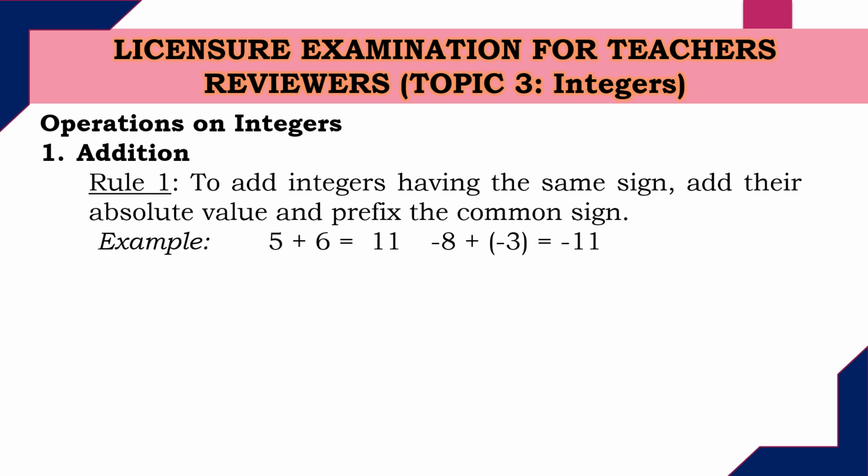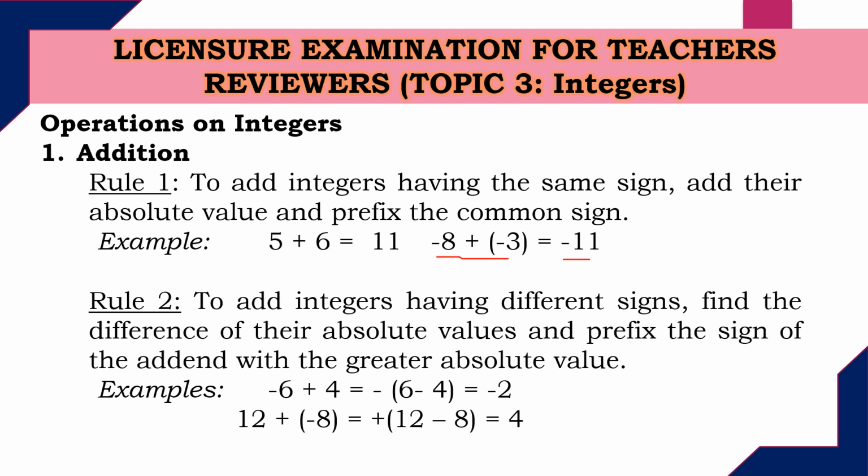For example, positive 5 plus positive 6 equals positive 11. Also, negative 8 plus negative 3 is equal to negative 11. That is how to add integers with the same sign.